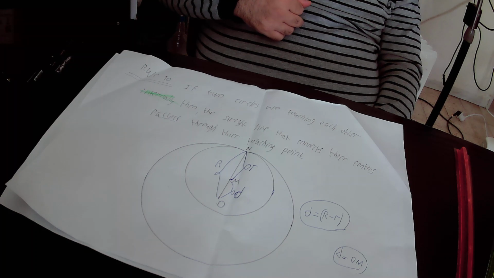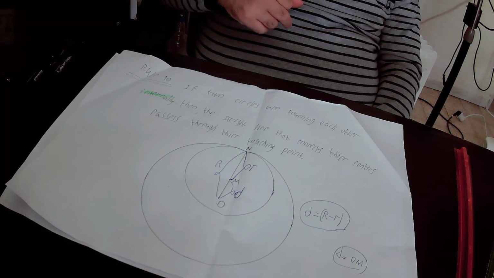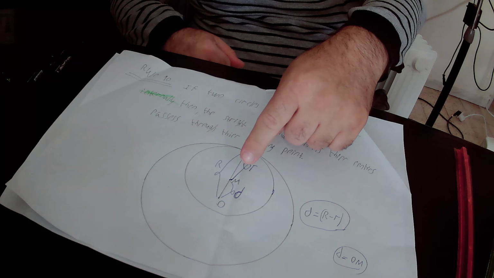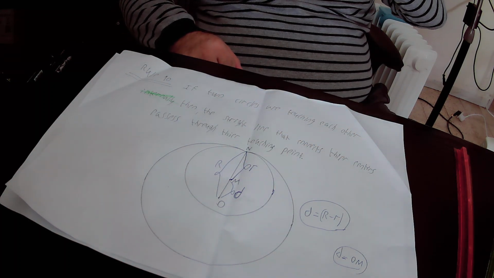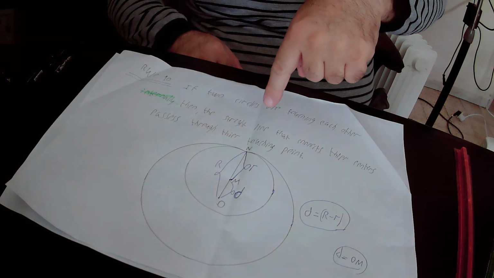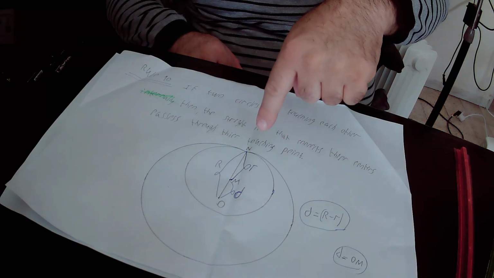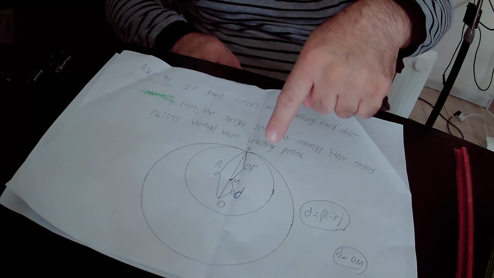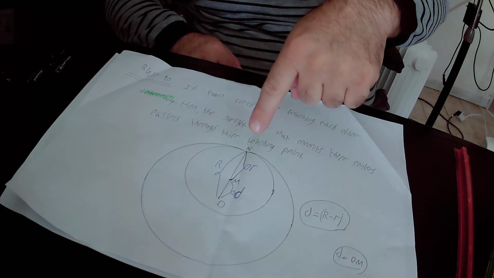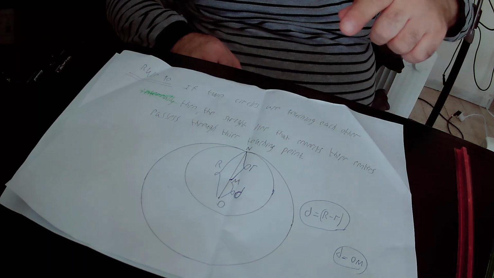And what is the distance between their centers? It is also OM, and OM equals NO minus NM. NO is capital R, NM is small r, and therefore OM equals capital R minus small r.